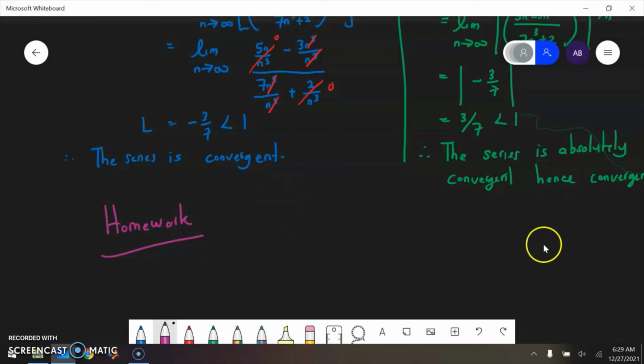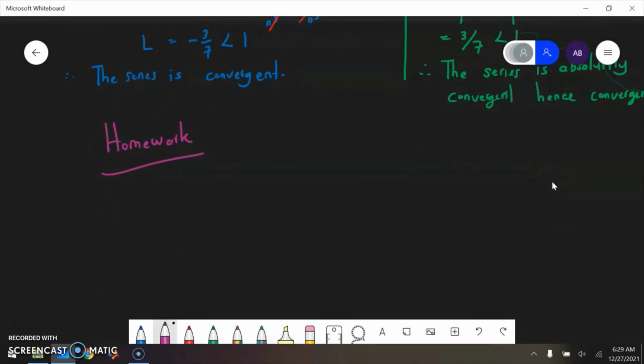Number 1: test the series for convergence or divergence. That's all. Test the series for convergent or divergent.